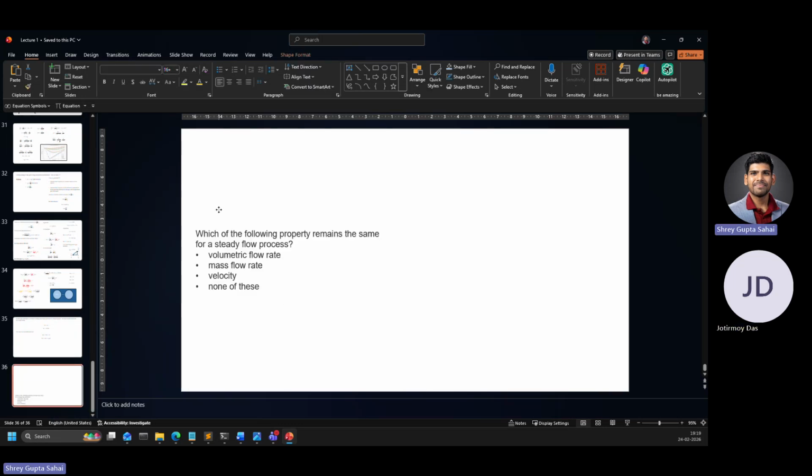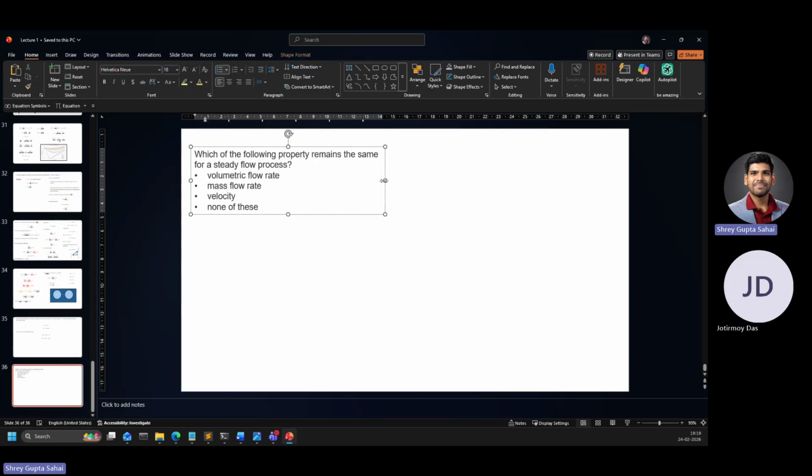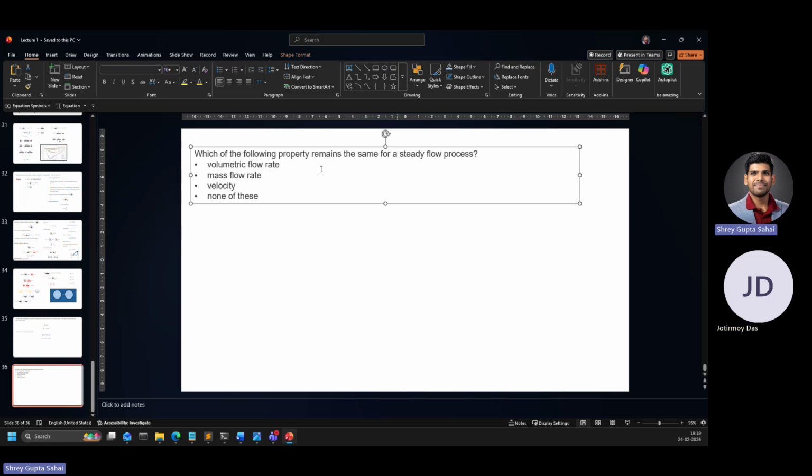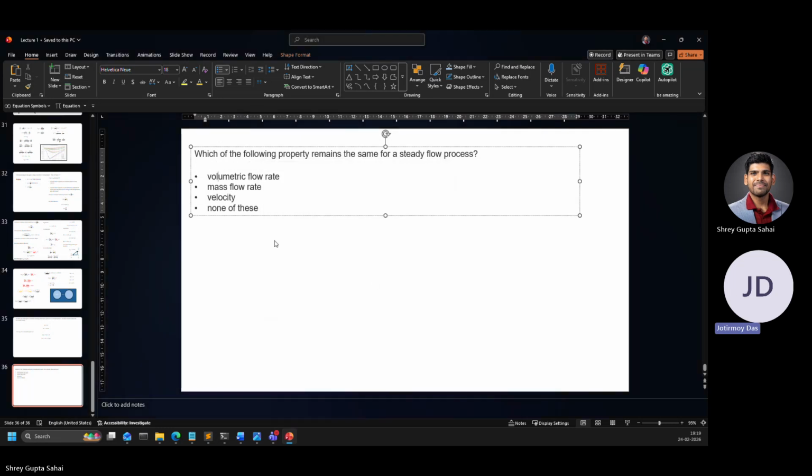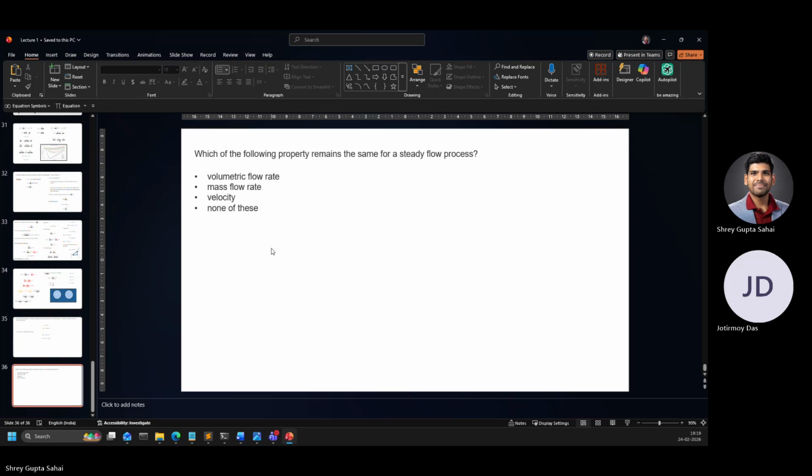Which of the following properties remains the same for a steady flow process? Are you aware of what a steady flow process is? Yes, I'm aware. So it should be the mass flow rate that should be constant. Why?